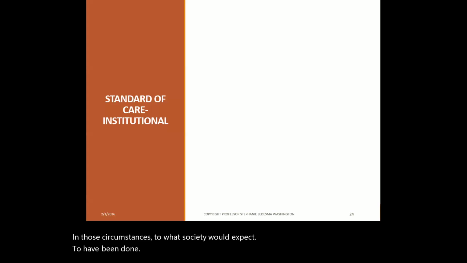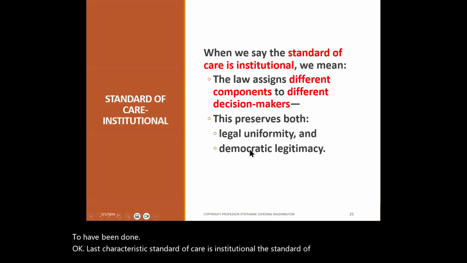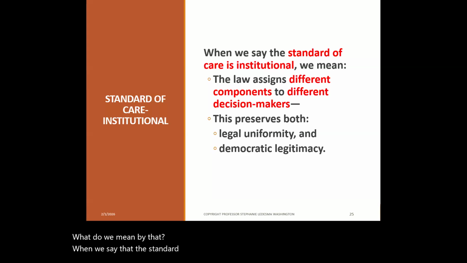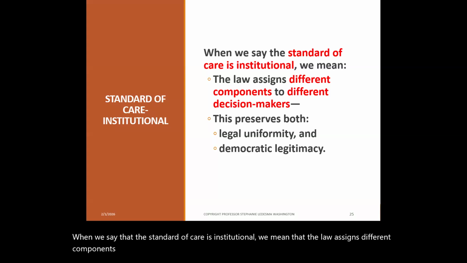Last characteristic, standard of care is institutional. The standard of care is institutional. What do we mean by that? When we say that the standard of care is institutional, we mean that the law assigns different components to different decision makers, right?